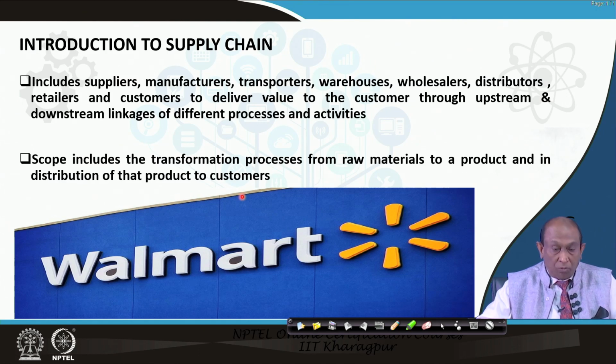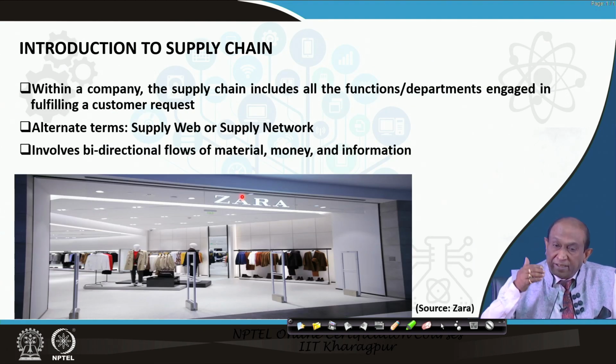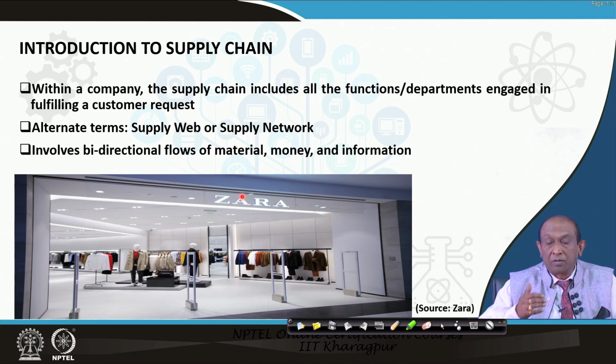Okay. Now, at each stage there can be multiple players, and that is why the supply chain, if you look at the structure, becomes complicated and rather looks like a web, and that is why it is popularly known as a supply network. And we have already said that supply chain management basically deals with the flows of material, money and information.